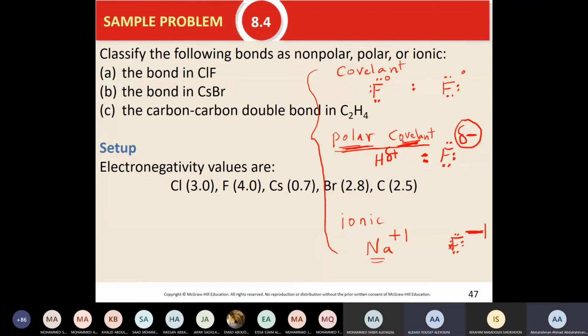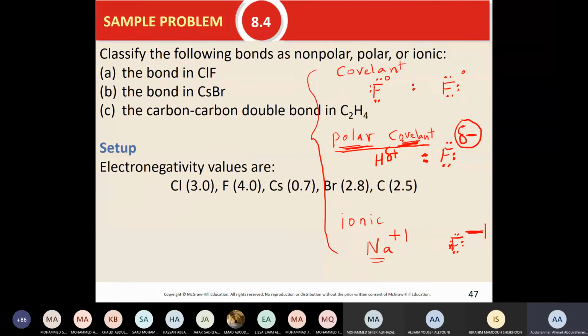No, it will be definitely less than 1. Why are you saying it is less than 1? Because it is partial. This symbol is for partial. Don't forget this symbol. Partial means less than 1. Okay, good.